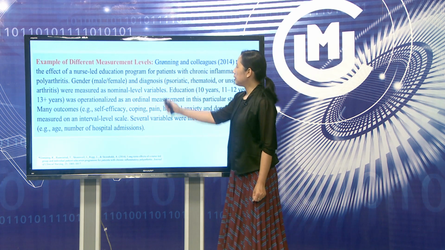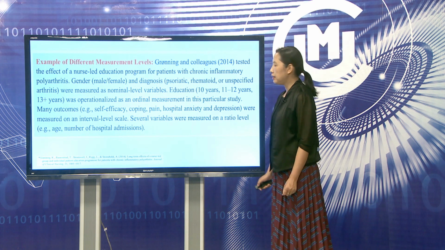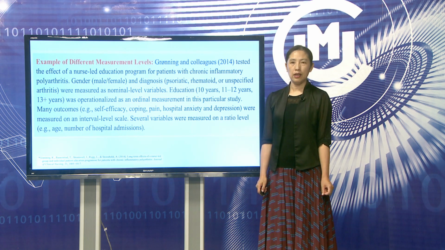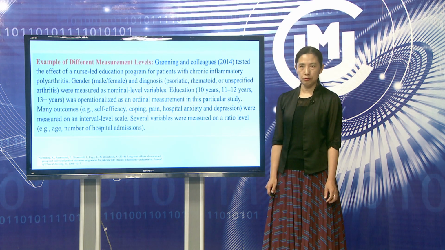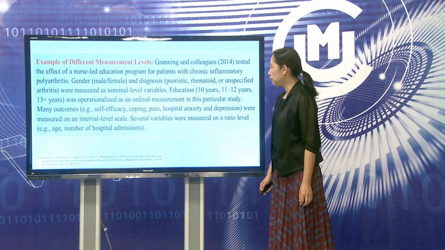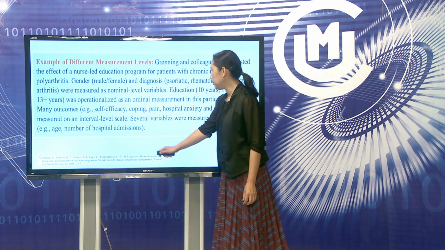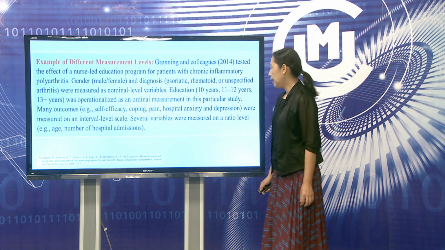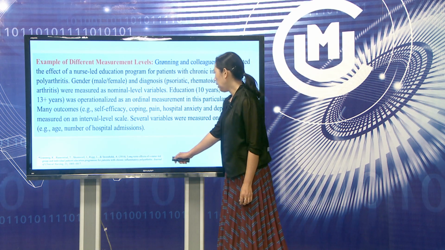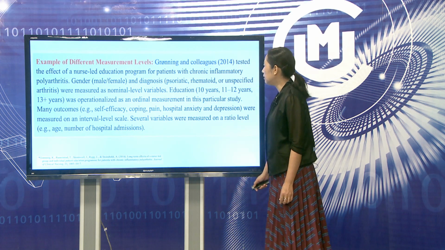So I will give you an example about the different measurement levels, because in one research, in one study, you may have all these kinds of measurement levels. This example is from Dr. Cumming and Ramsey's study, which they published in 2015 in the Journal of Clinical Nursing.